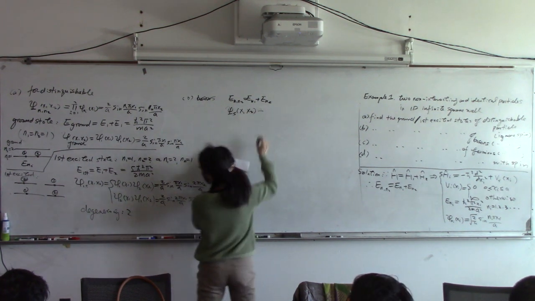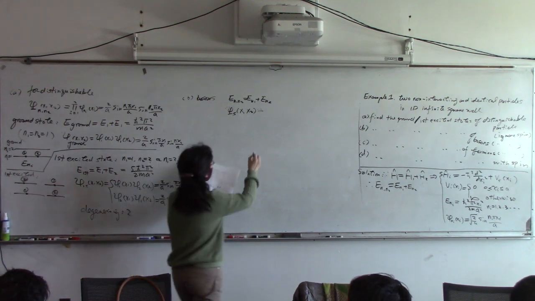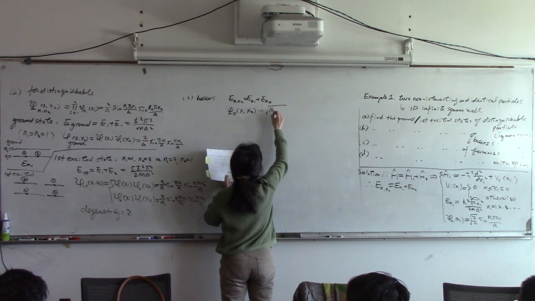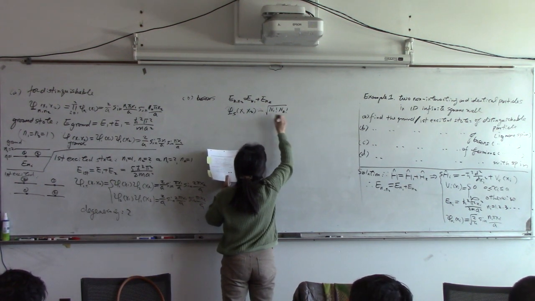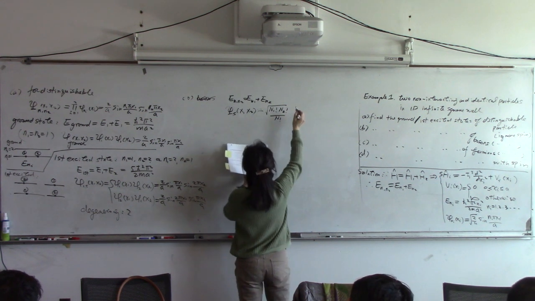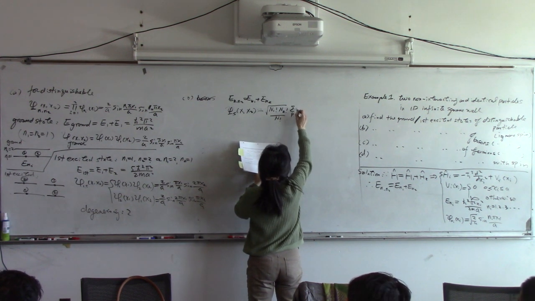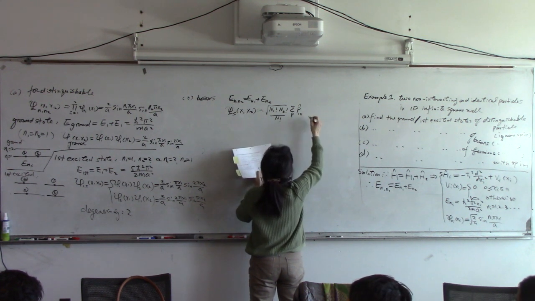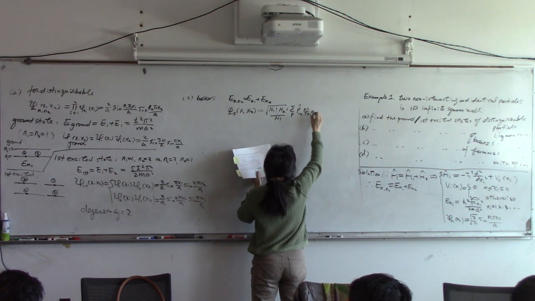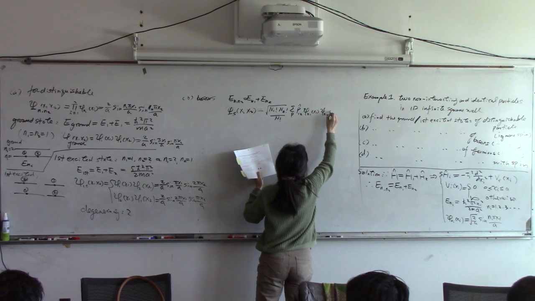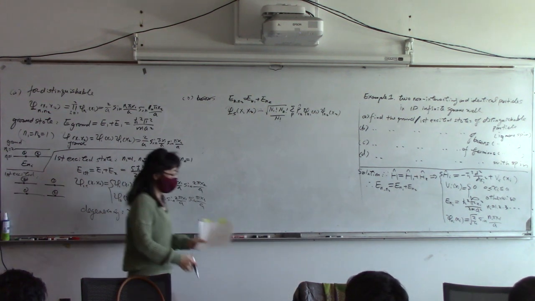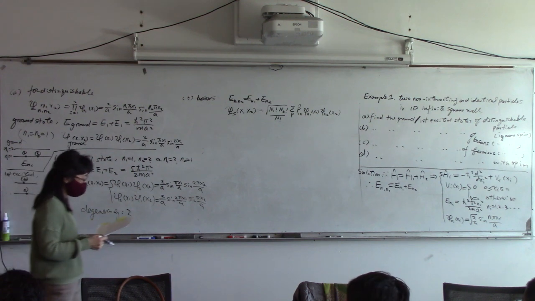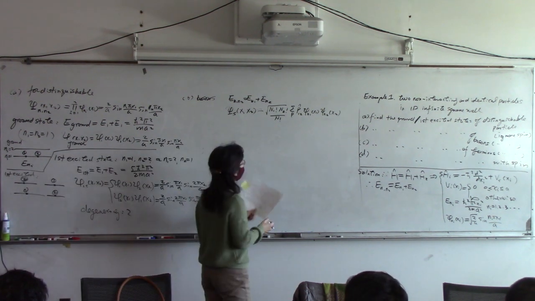By definition, it must be normalized with n1 factorial, n2 factorial, and N factorial, and a sum over all the possible permutations. Here it is only 1, 2, because there are only 2 particles, n1, x1, n2, x2.